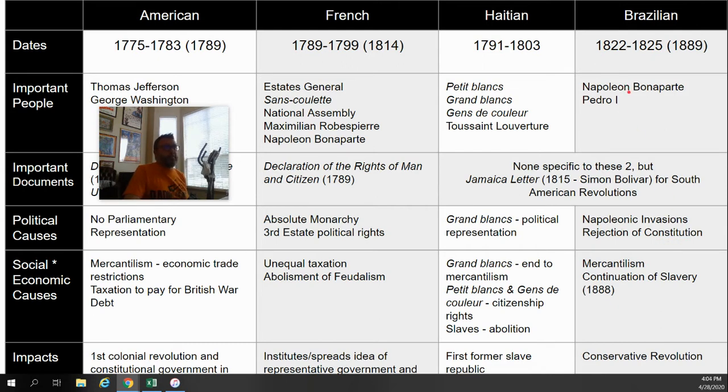Now, why do I have Napoleon in Brazil? Napoleon is going to invade the Iberian Peninsula, and he's going to take over Spain. He's going to try to invade Portugal, but it doesn't work. But the Portuguese monarchy, because they didn't want to become captured by the French if they were successful, the whole French monarchy moves to Brazil.